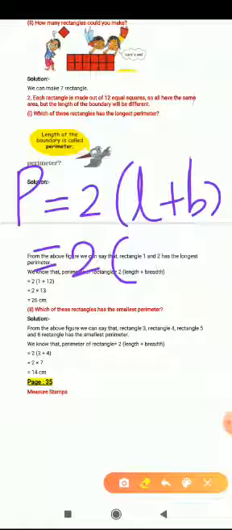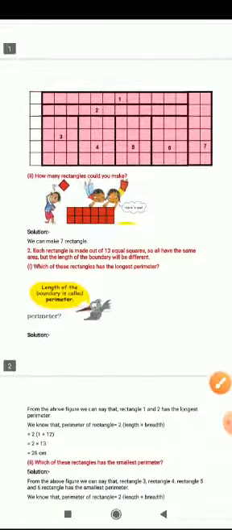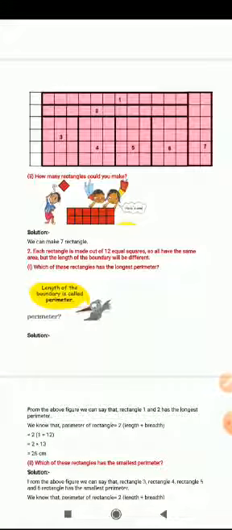Let's consider rectangle 3. I am finding it over here so that it will be clear for you.